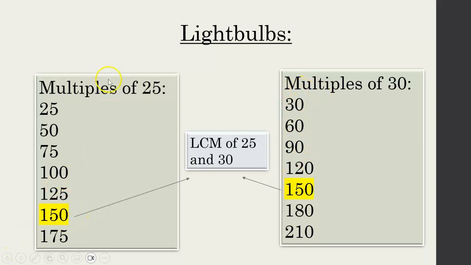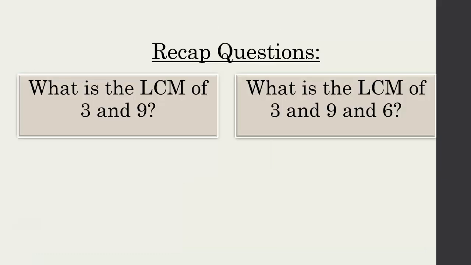So the lowest common multiple of 25 and 30 would be 150. Now, you might see this sometimes, LCM. What do you think that stands for? Lowest common multiple. It's just an abbreviated version. Mathematicians are notoriously lazy, so LCM is just shorthand for lowest common multiple.